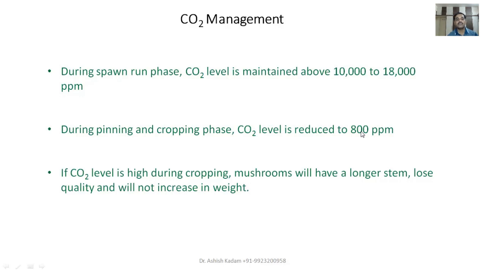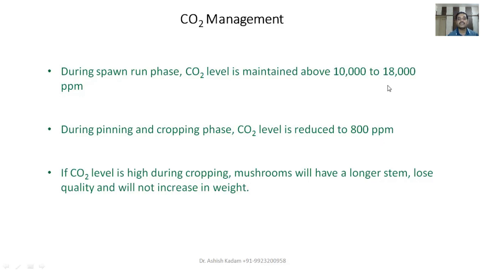The fresh air damper should have a modulating controller, a modulating motor. Then only can you decide what quantity of fresh air to take. Otherwise, if you allow more fresh air, the CO2 level may drop even below 800 ppm, and that is also not good for your farm.